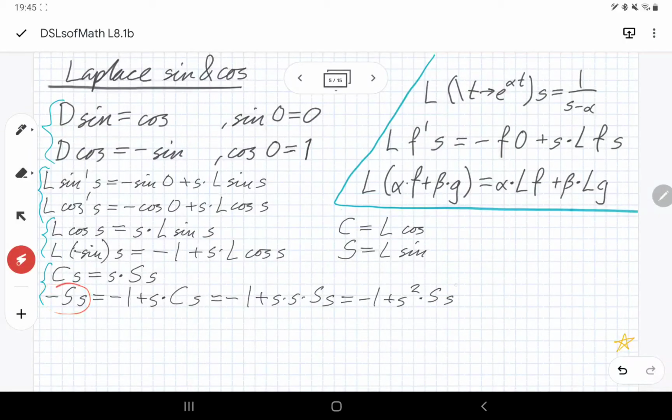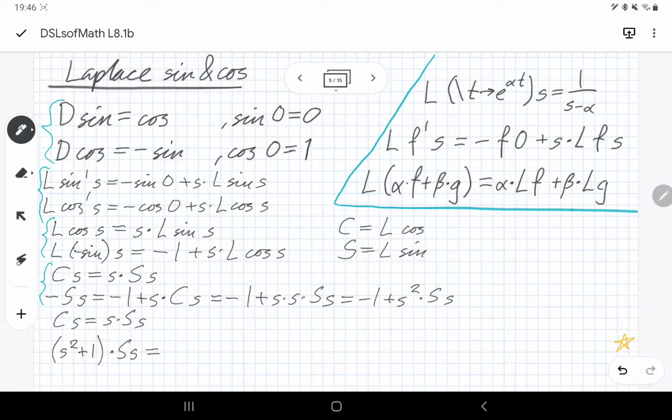So now we have an equation for capital S of s, the transform of sine. Let's simplify it one step further. We can keep the cosine as well, actually. Cosine equals s times capital S of s. And we're collecting the terms here. Starting from the other side, we got s squared times capital S of s, and then we add another 1 times S of s.